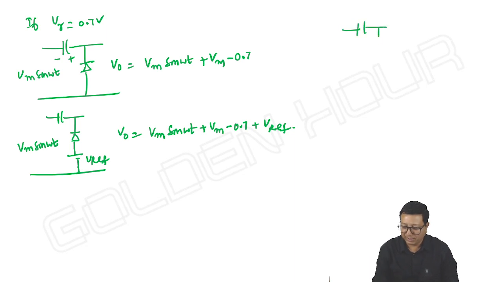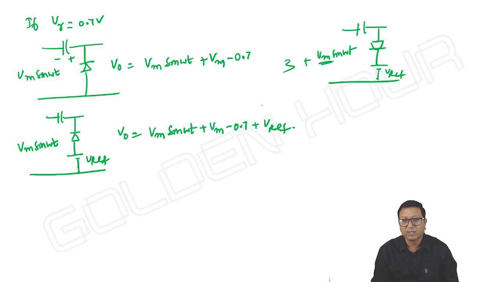If you recollect that point, if you take a negative clamper biased with some reference voltage, it is Vm sin omega t. The positive peak should be greater than V reference, right? It may have something like 3 plus Vm sin omega t should be greater than V reference. Then only the diode will conduct. Then only we can take some output equations, right?